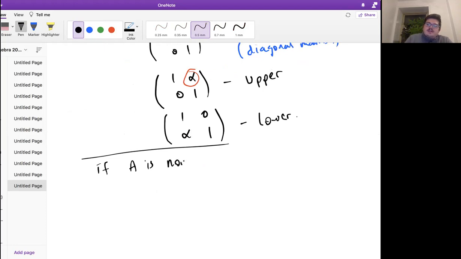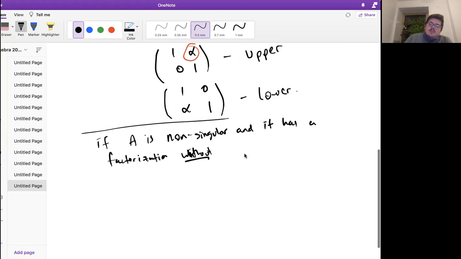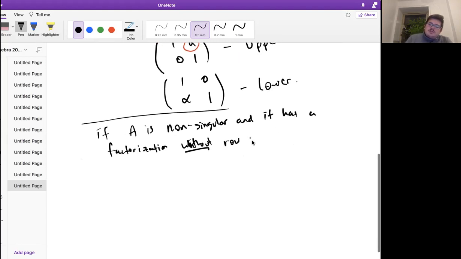So if A is non-singular and it has a factorization without row swaps, then A can be factored into a lower triangular matrix times an upper triangular matrix.